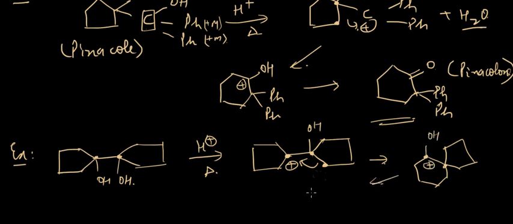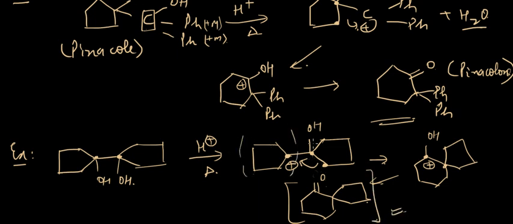Now what we'll be getting? Again double bond O and O. This will be the final compound. I just redrew this cyclopentane ring over here, but I think it is clear what I'm trying to do. Just for the sake of clarity, I'm numbering the carbons 1, 2 and 3.